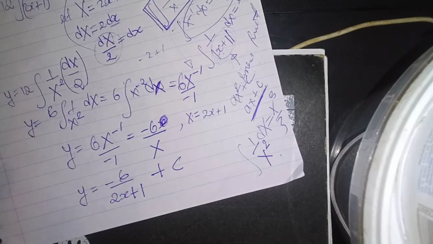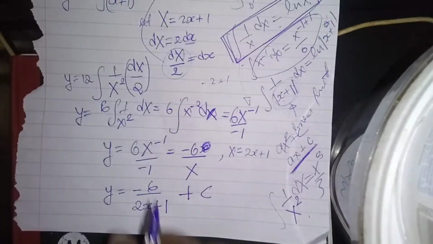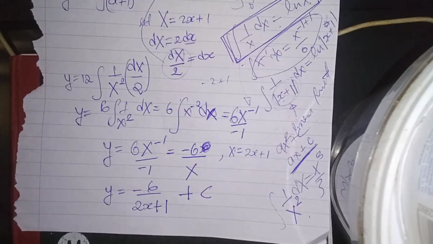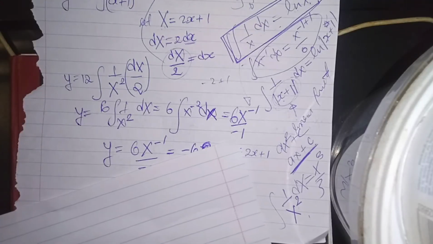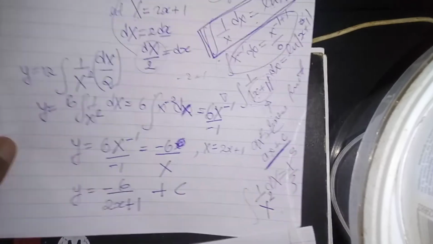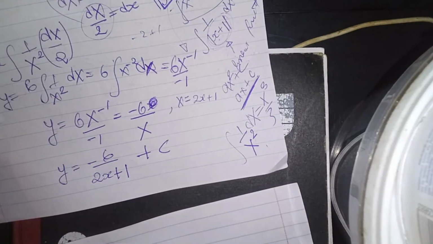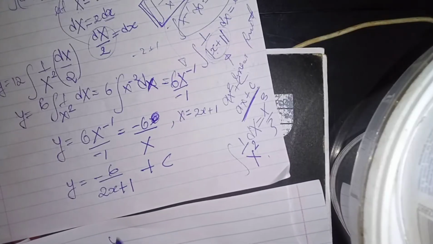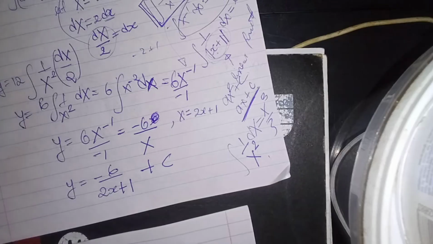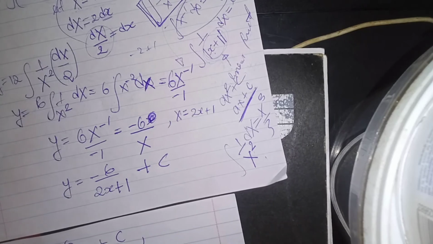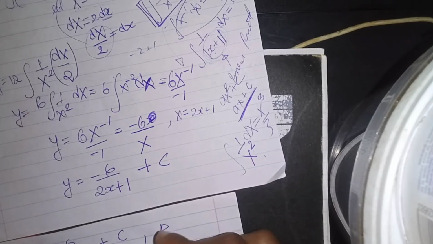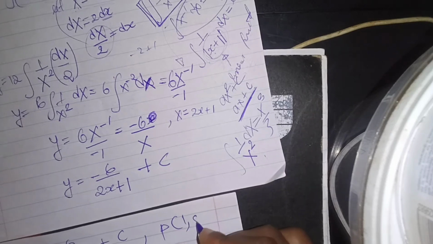We're not done, because we need to determine this constant. Remember, we have a point that we are sure is on this curve, which is the point P, (1, 5).